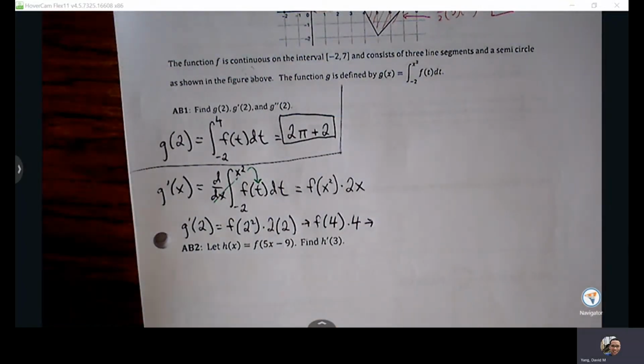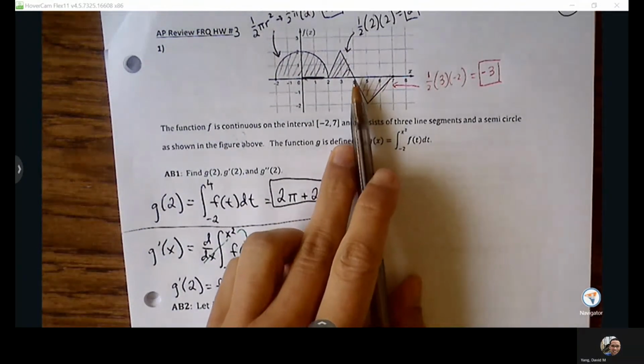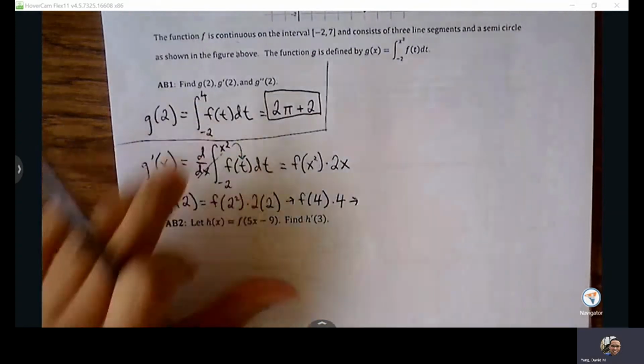Go to your table here. What's f of 4? 0, right? Okay.